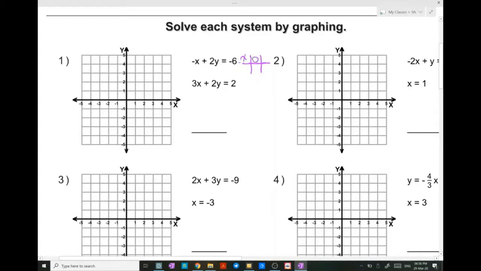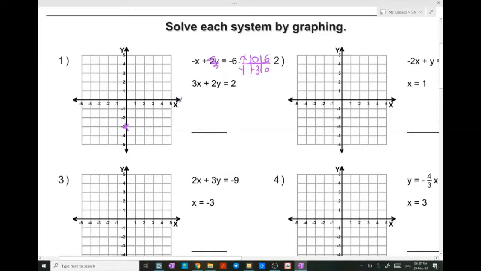When x is 0, y is minus 3, and when y is 0, x is 6.